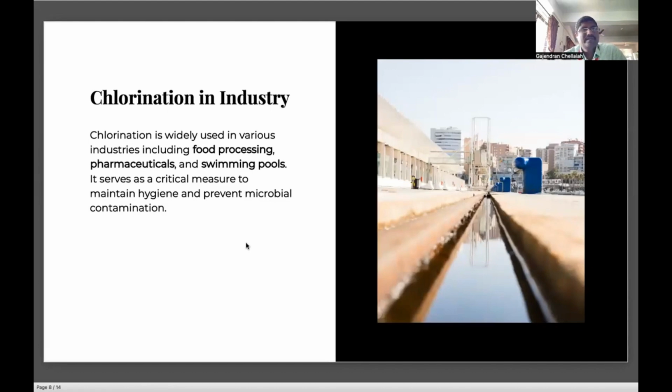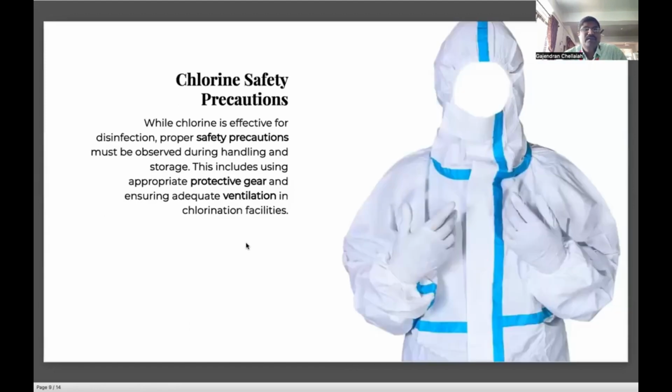Chlorination in industry. Chlorination is widely used in various industries, including food processing, pharmaceutical, and swimming pools. Not only for drinking, we are using it for the food industry and other relevant industries also. It serves as a crucial measure to maintain hygiene and prevent microbial contamination. Chlorine safety precautions. While chlorine is effective for disinfection, proper safety precautions must be observed during handling and storage, because it's a very harmful and hazardous chemical.